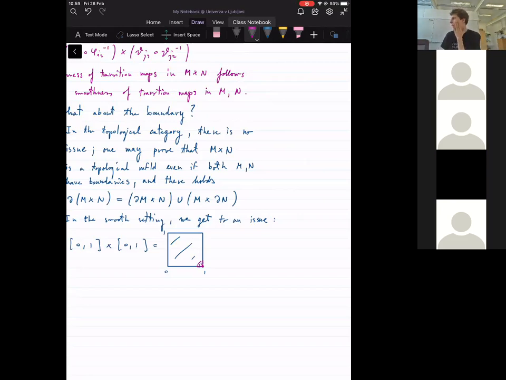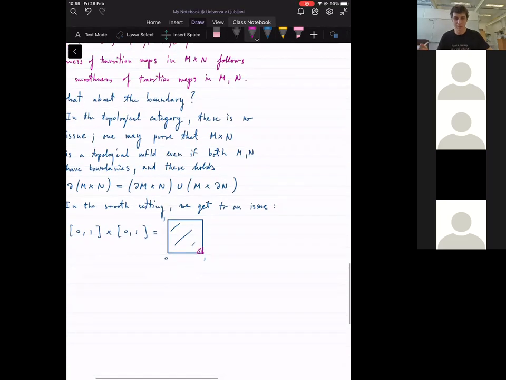So this would mean like a disk intersected with the square, but this disk is now centered in the corner, right?